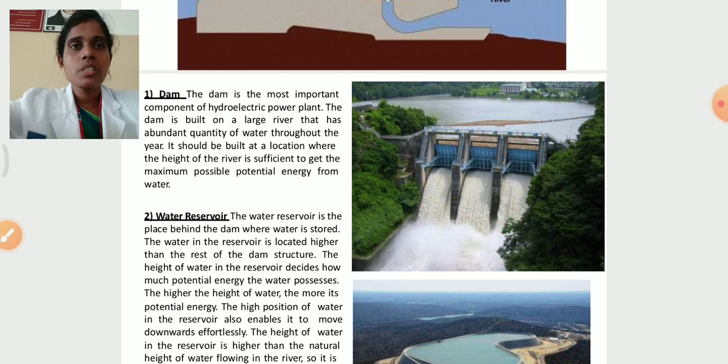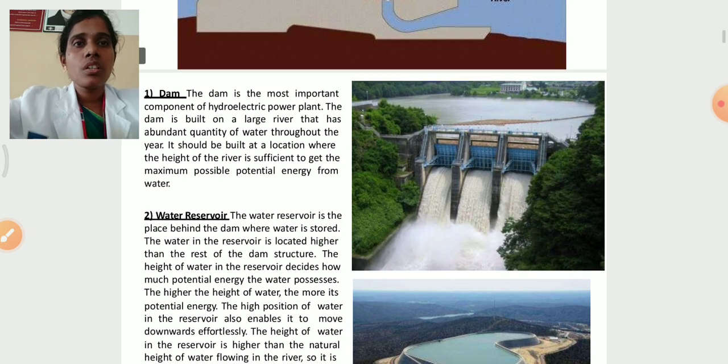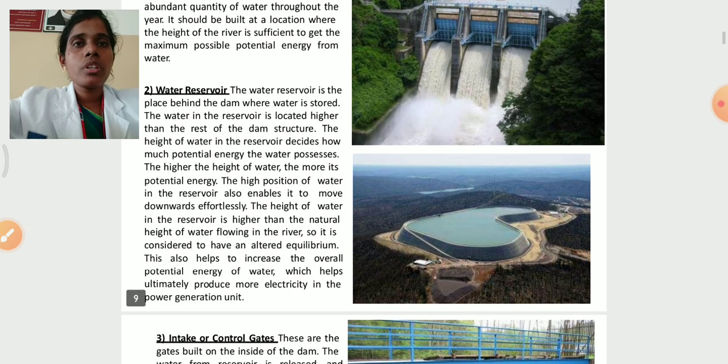The dam is built on a large river which has an abundant quantity of water throughout the year, and the height of the river should be sufficient for the location. The second important component is the water reservoir. Behind the dam, the water is stored in the reservoir, and the water level in the reservoir is higher than the dam structure.